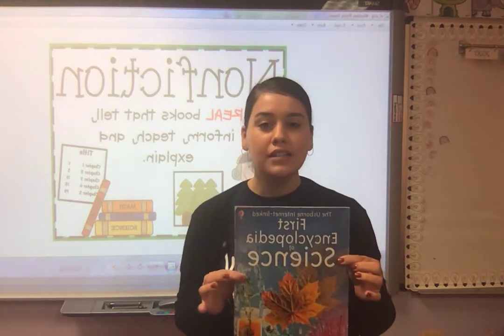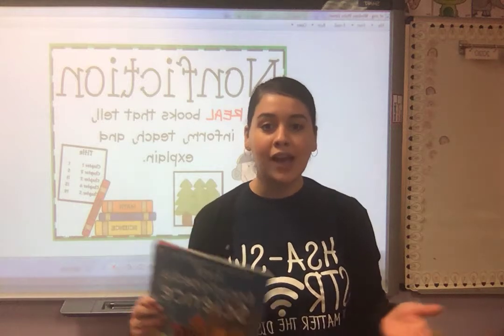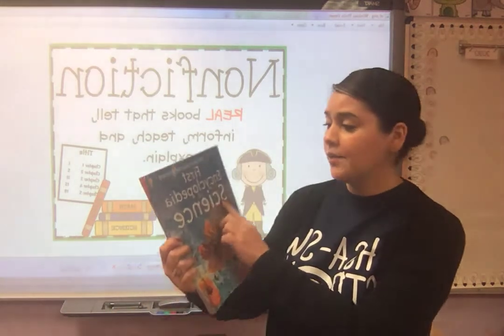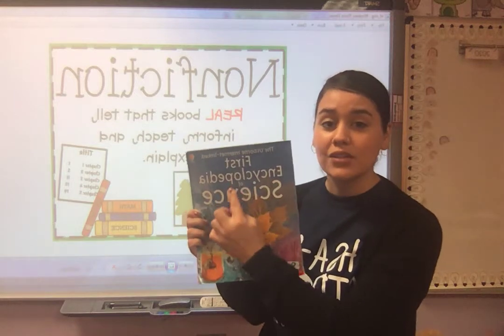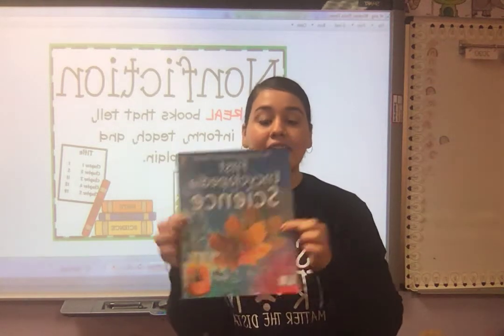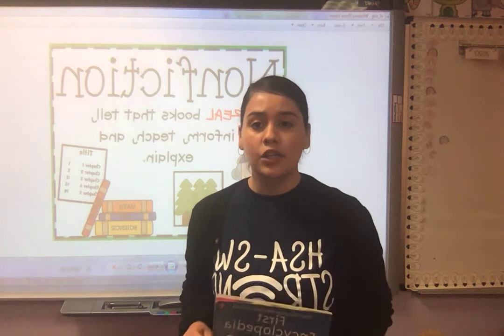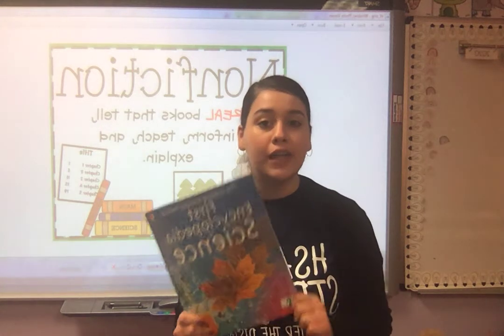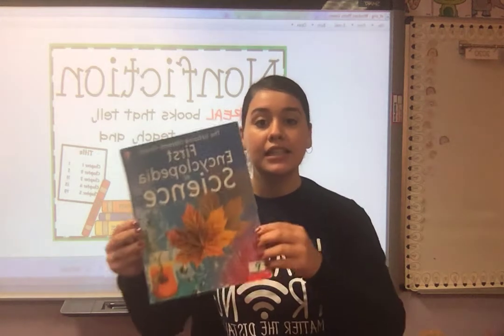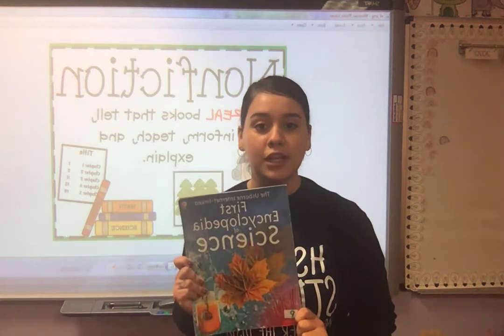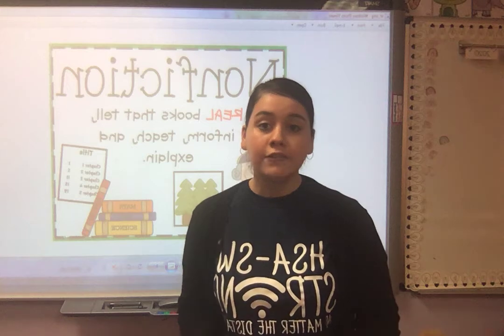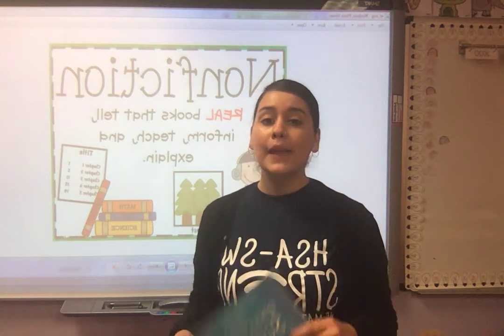Nonfiction books always are about something, so they have a topic. For example, this one's a first encyclopedia of science, right? So the topic of this book is science. It usually has a bunch of information, and it's something that is teaching us. In a nonfiction book, we can find many things.